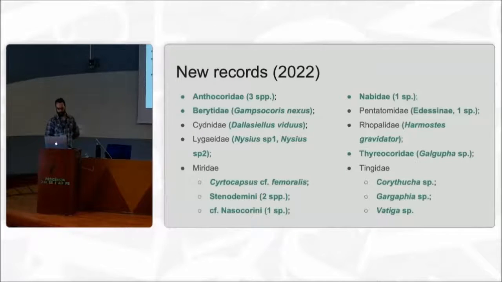Miridae, Cyrtocarpus femoralis, two species of Stenodemini, and another one of Nasocorini. One nabid. Pentatomid was Endecini, and Reduviid was Heza gravidator. Thaumastocorid was a Galgufa, and Tingid, we got also 3 species.